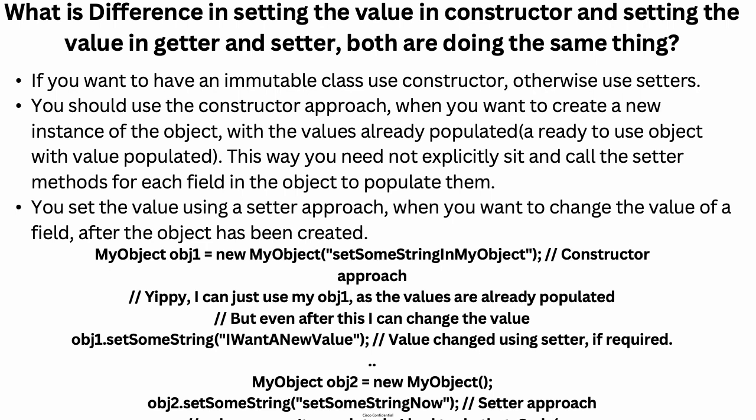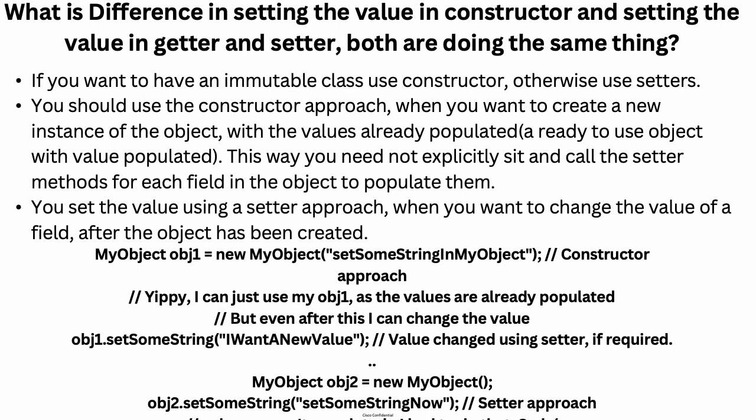In setter injection, we set the value using the setter when you want to change the value of a field after the object has been created. But constructor injection is where we want to set the value initially and then not change it. For example, database information is needed once, and we usually don't change it.